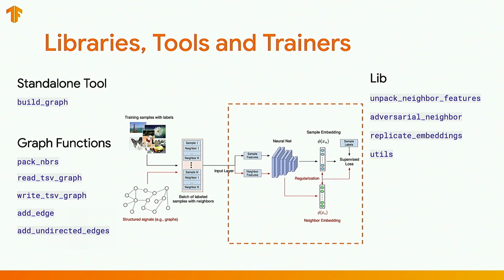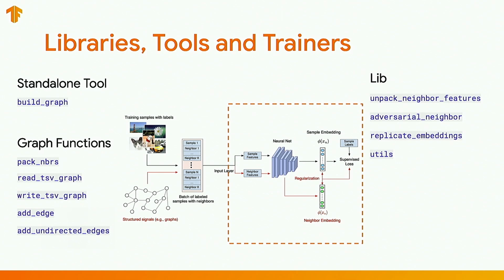Next, let's take a look at the right part of the figure. Again, we provide libraries for these new steps introduced to enable graph regularization. Both the training sample and its neighbor will be fed to the neural network. And unpack neighbor features is for this purpose.